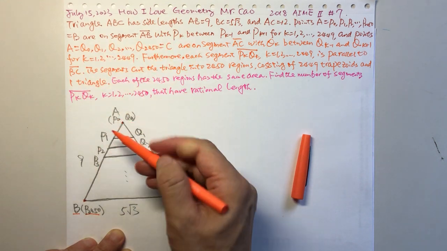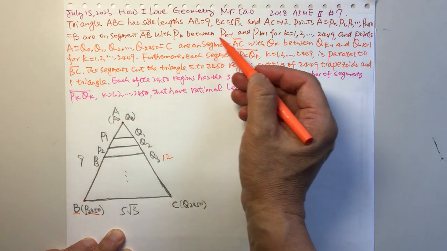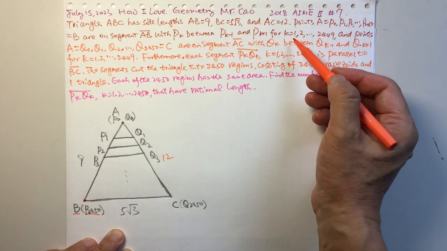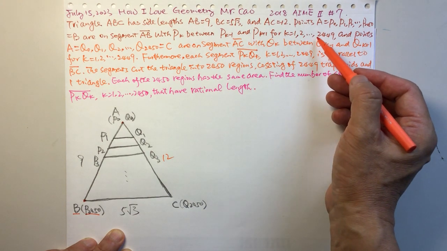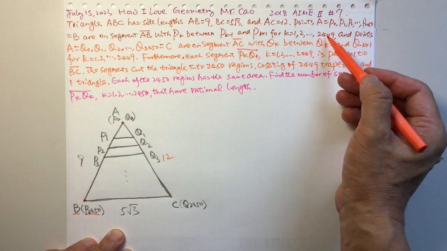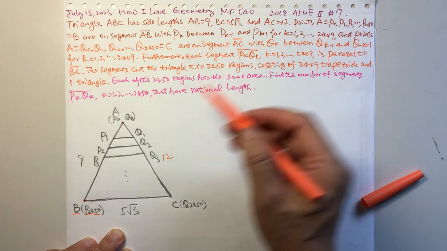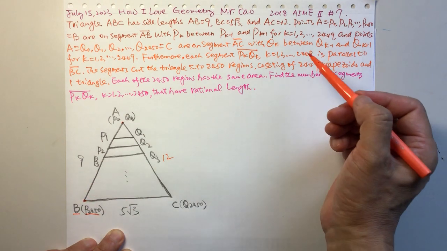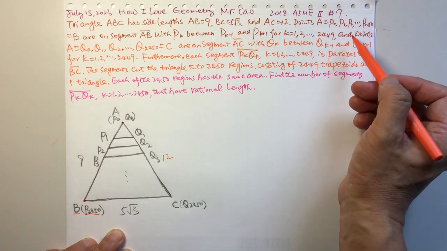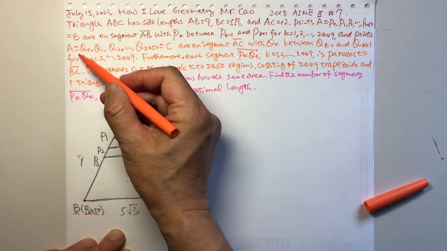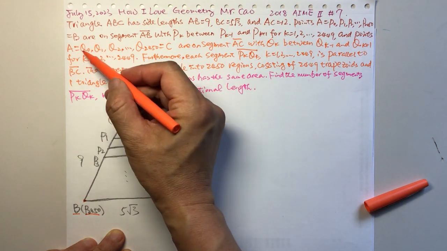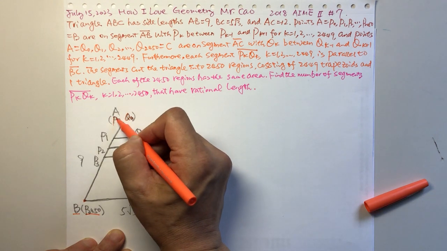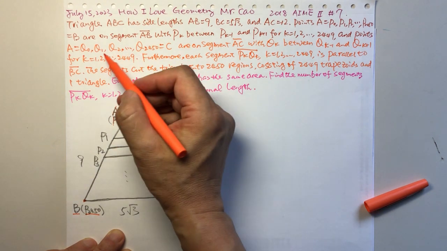The points P1 through P2449 are on segment AB with Pk between Pk minus 1 and Pk plus 1, for k equals 1, 2, 3 up to 2449. And the point A also equals Q0.